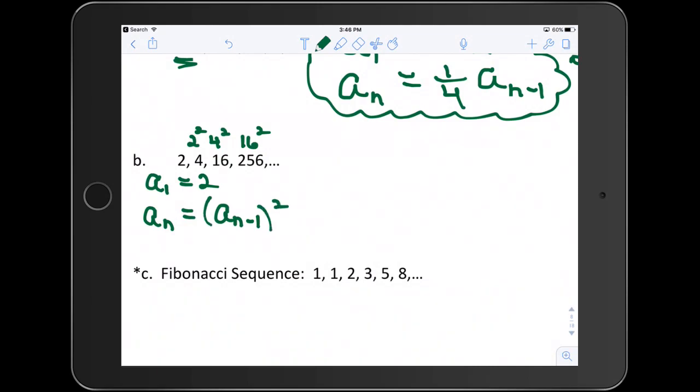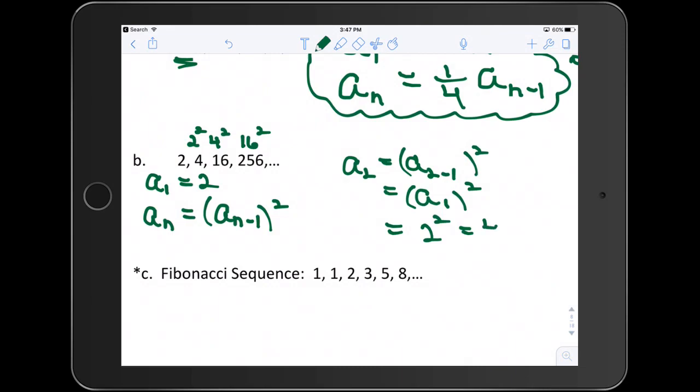So just to give you an example, to make sure you're seeing the picture, if I go a sub 2 equals a sub 2 minus 1 squared, that's saying a sub 1, the very first term squared, which is exactly what we want, right? 2 squared, which would give me 4.